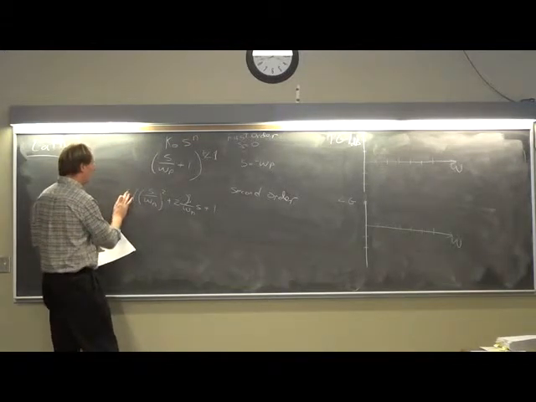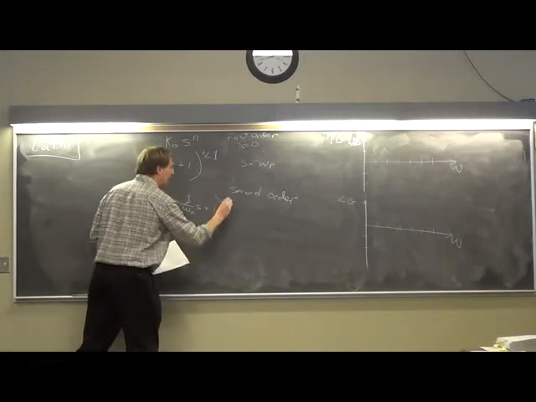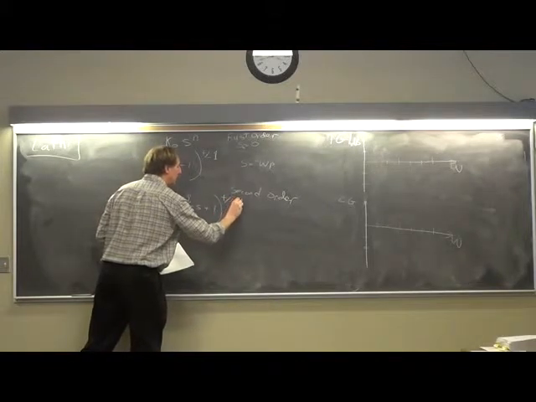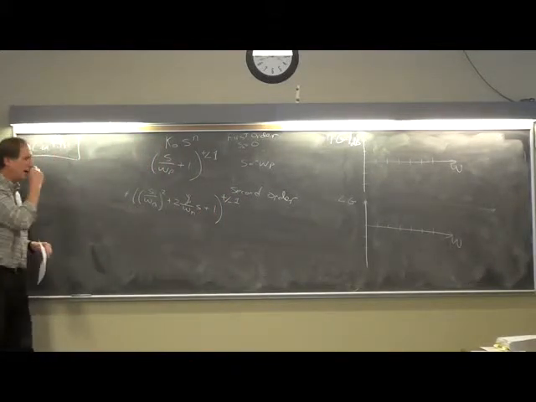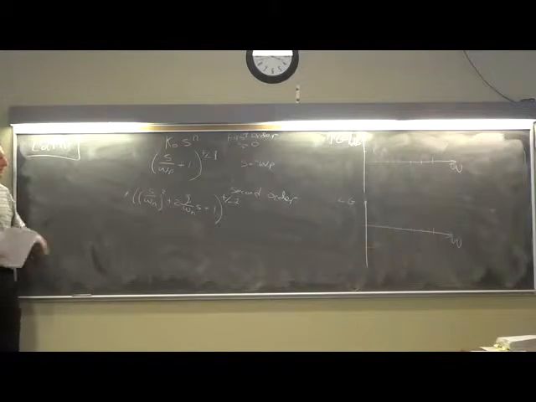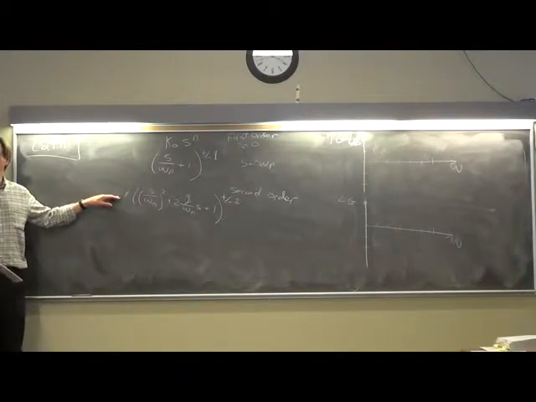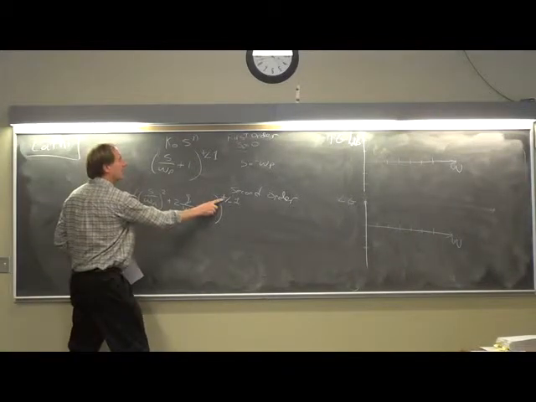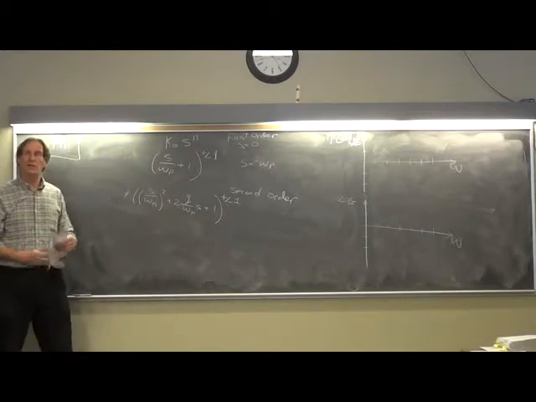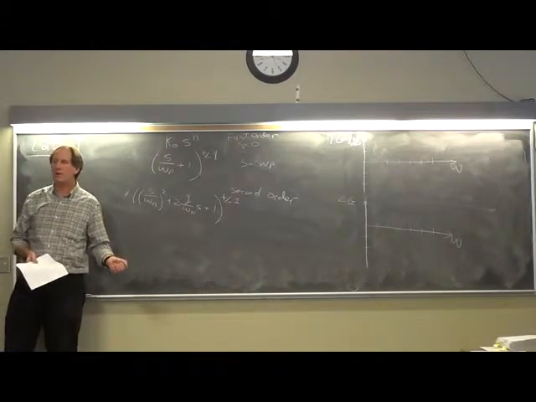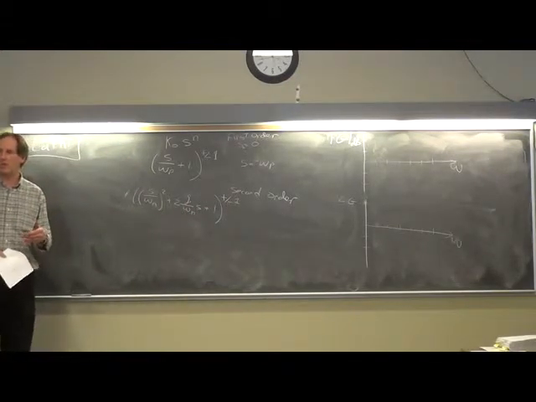This whole polynomial gets raised to the plus 1 or the negative 1. It's a second order polynomial all by itself. Either it's in the numerator or it's in the denominator. If it's in the numerator, we're talking about a 0. If it's in the denominator, we're talking about a pole.